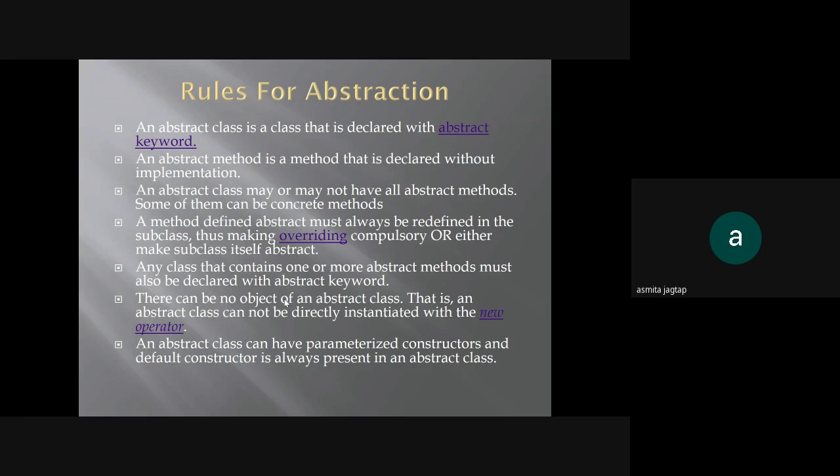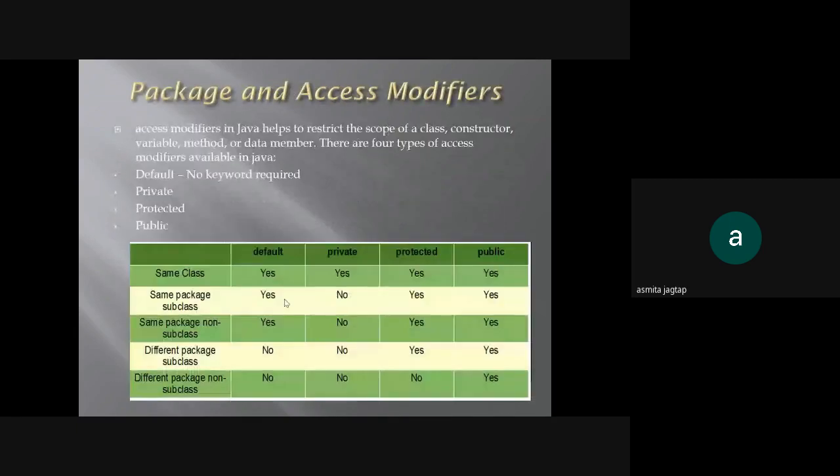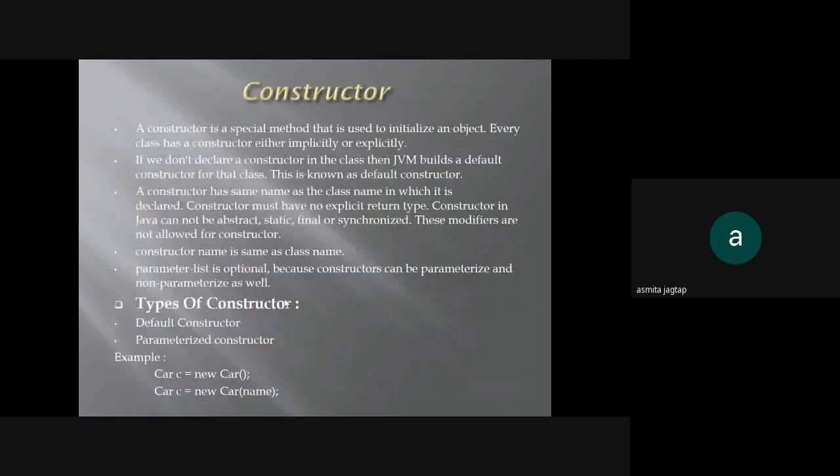Then an abstract class can have a parameterized constructor, and a default constructor is also present. What are a parameterized constructor and a default constructor? I have already discussed this topic. A constructor has the same name as your class name. What is the difference between a constructor and a method? A constructor does not return anything, it does not have any return statement, but a method has the return statement.